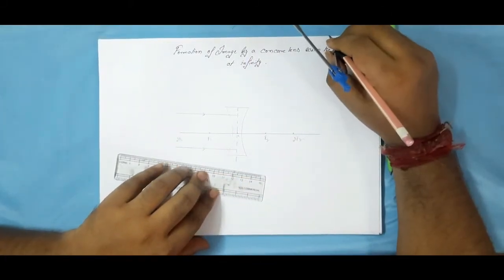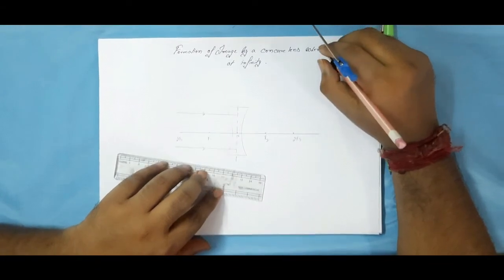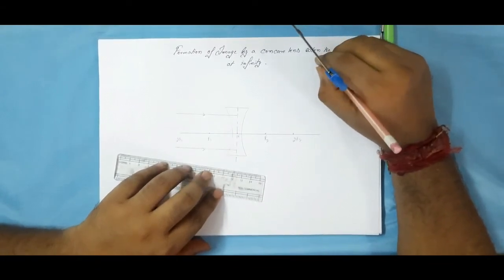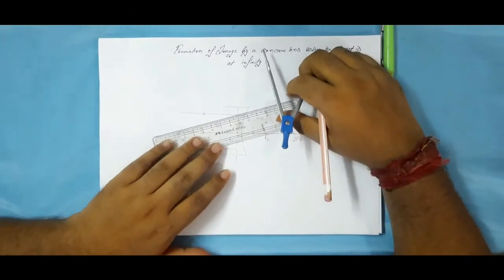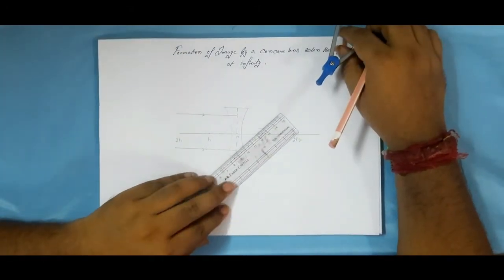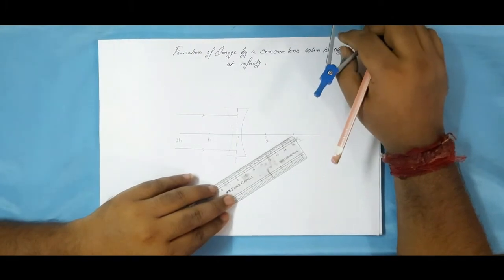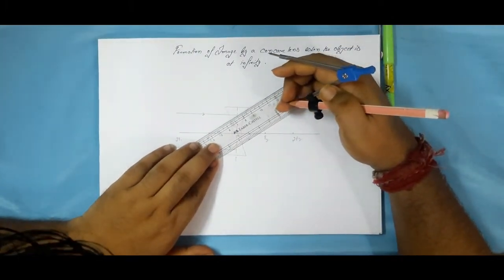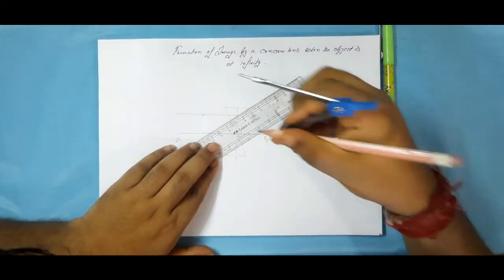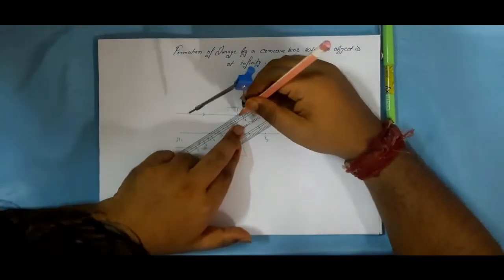We know that if the incident ray is parallel to the principal axis, the refracted ray will pass through the focus. And in this case, since a concave lens is a diverging lens, the light rays will pass in this direction and this direction.